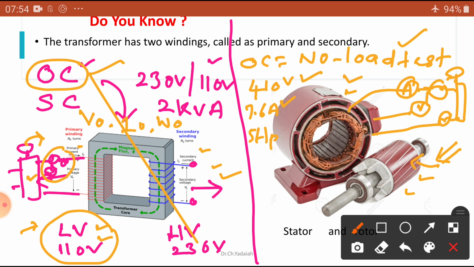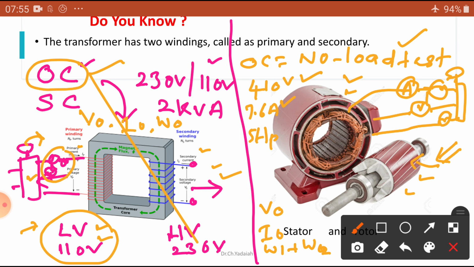Once the rated voltage is indicated by the voltmeter, take the voltmeter reading, that is called V0, the ammeter reading I0, and W1 plus W2, that is equal to the power. Okay. So, this is the no load test on an induction motor.